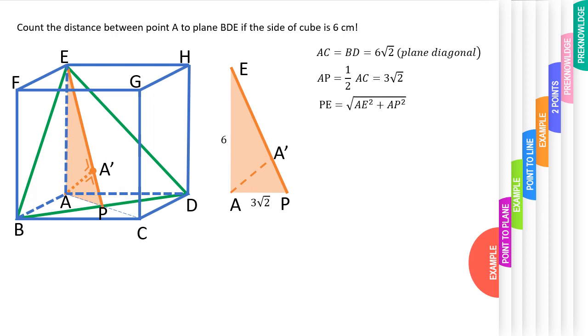By using the Pythagoras theorem, the equation of BE is like the following equation. Based on its process, we know that BE is equal to 3 times square root of 6.